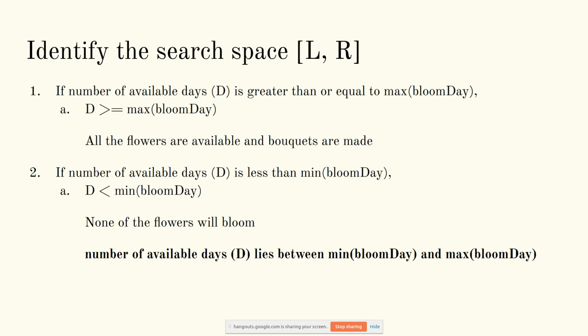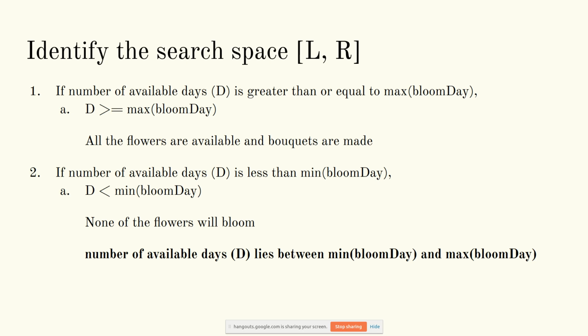The other extreme is none of the flowers will bloom. That happens when our available days is very less. When we don't have any flowers at hand, we cannot make any bouquets. Thereby, that's another extreme.